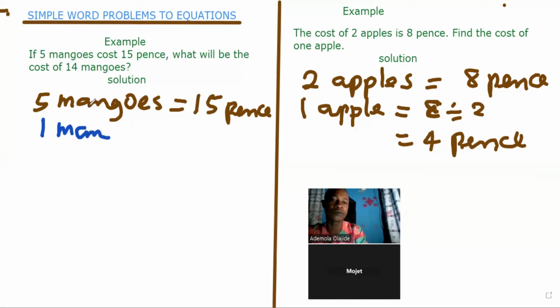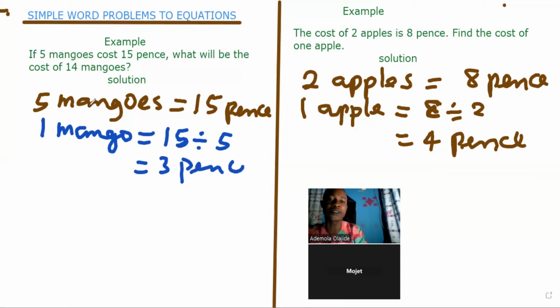It's going to be 3. Yes, that's it. What did you do? 15 divided by 5 equals 3. That means each mango goes for 3 pence.